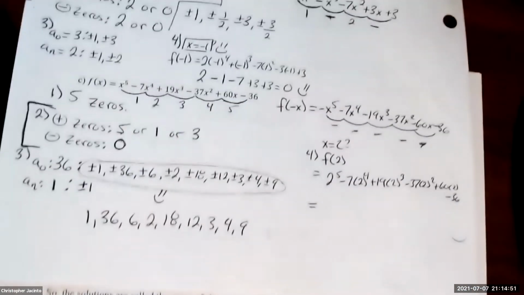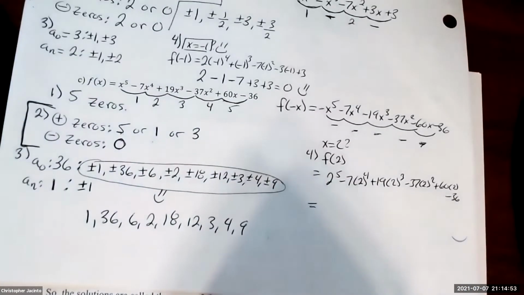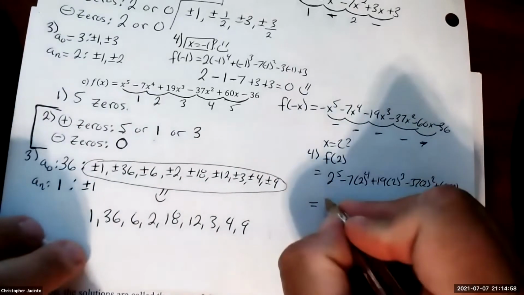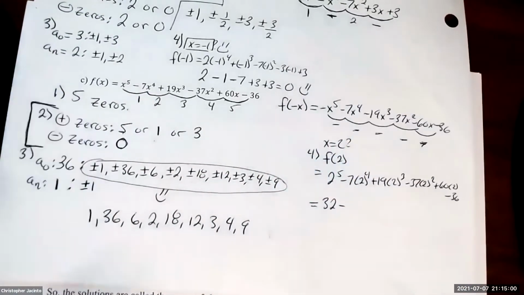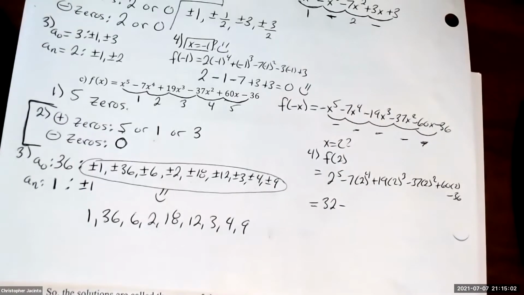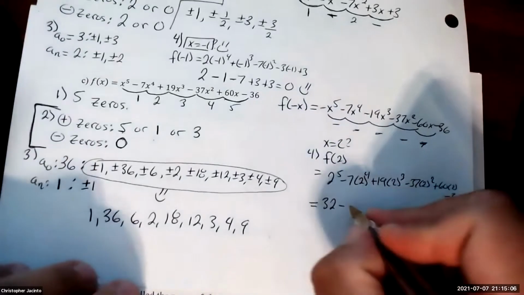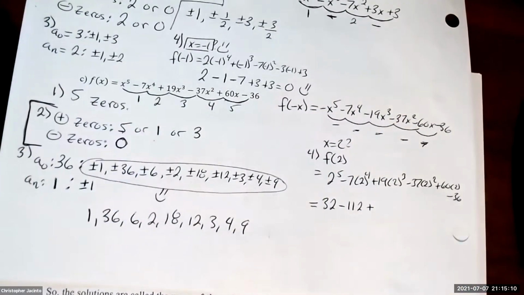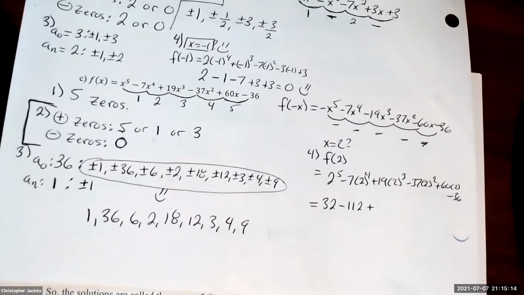So take a calculator. So 2 to the 5th is 32. 2 to the 4th is 16. So 16 times 7 is 112. 2 to the 3rd is 8 times 19 is 152.